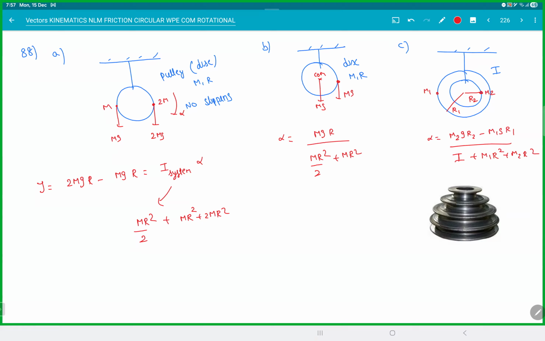Clear with this? And once you got alpha there, then remember accelerations will be different though. a1 is equal to r1 alpha and a2 is equal to r2 alpha. All clear with this?